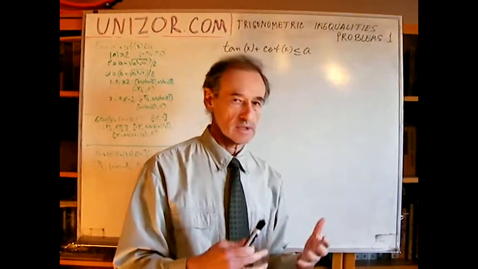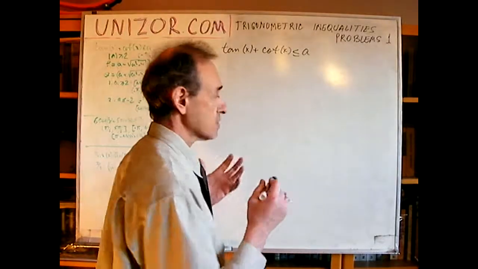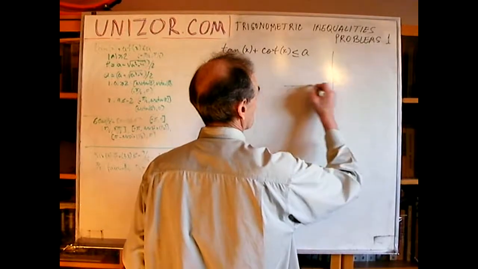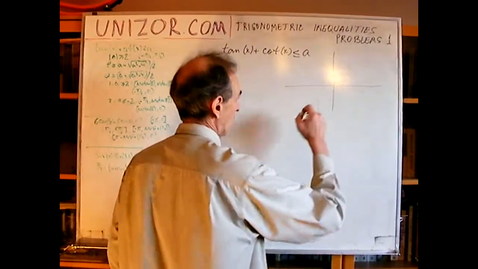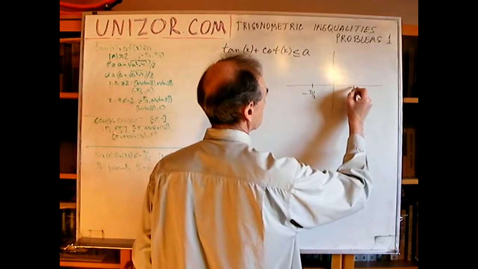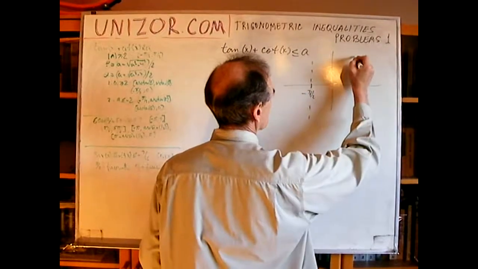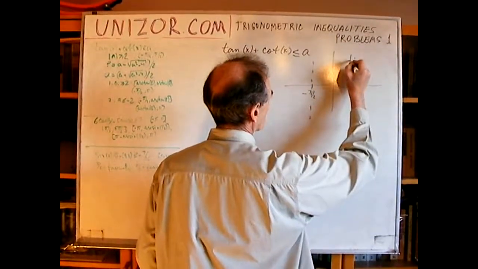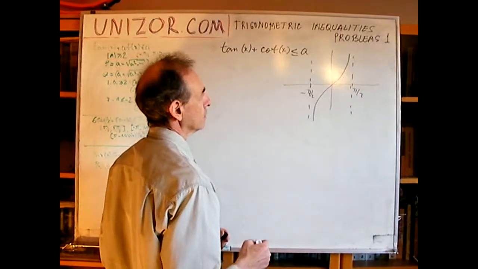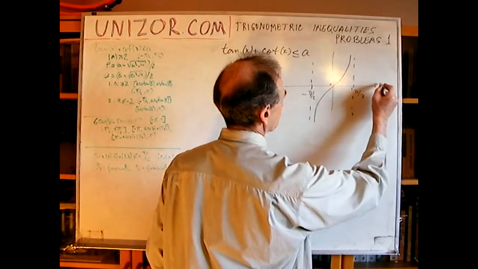Just to better understand what this is all about, I prefer to draw a graph. So let me think about the graph of this particular function. This is, let's say, from minus pi over 2 to pi over 2. I know the tangent is monotonic, and it looks like this. That's our tangent. Now the cotangent is monotonic on 0 to pi, right?